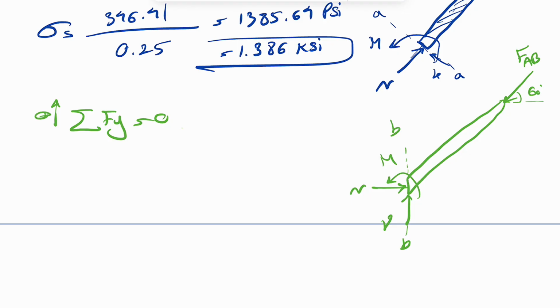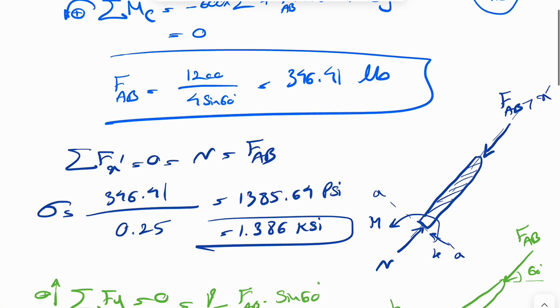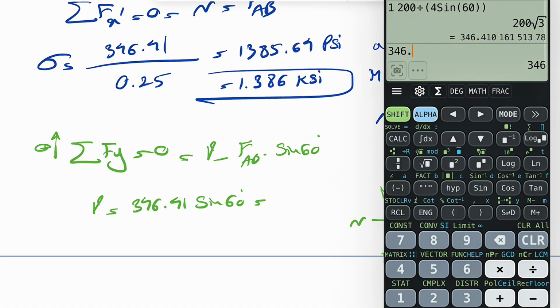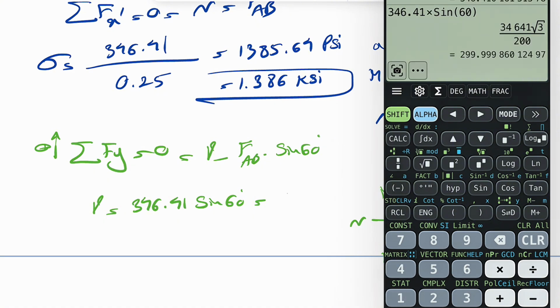Our Y will be in this direction, vertical, so we have V minus FAB sine of 60 degrees. So the shearing force would be FAB, which is 346.41 times sine of 60 degrees. And let's see what we get. 346.41 times sine of 60. Yeah, that's going to give us 300 pounds.